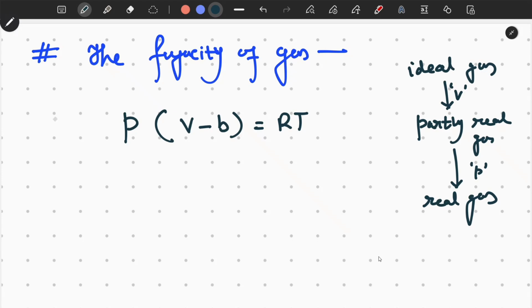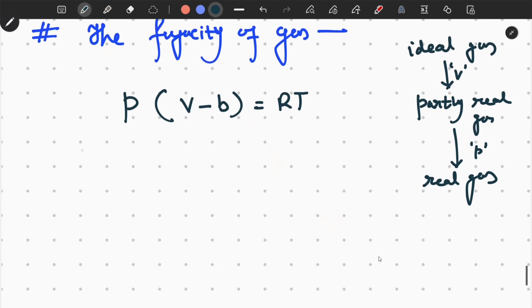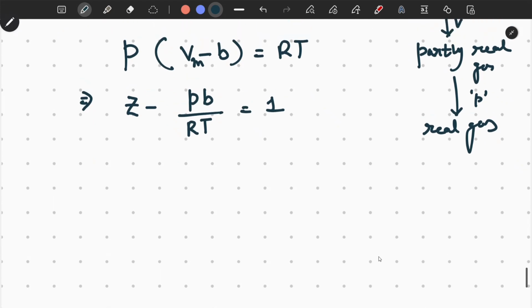We have approximated the volume part, but the pressure part will be accounted for by the fugacity, instead of the A or B coefficient. So it will be V molar because everything is molar. Now it is Z minus, everything is real. So that's why it is correct.